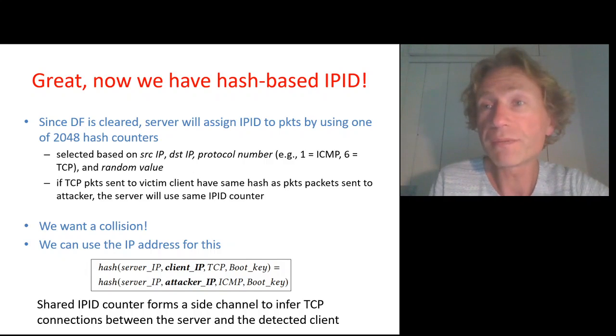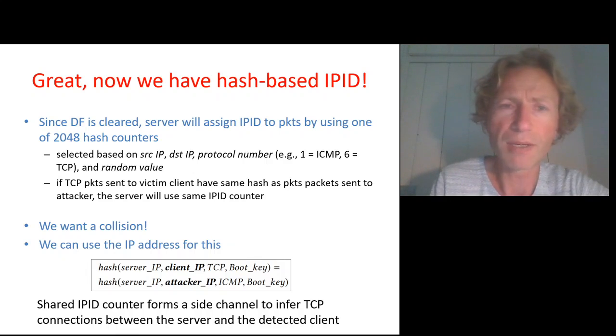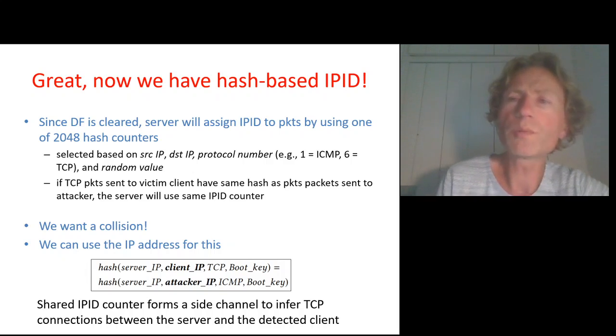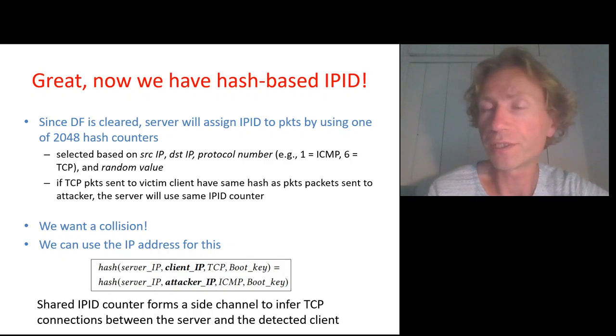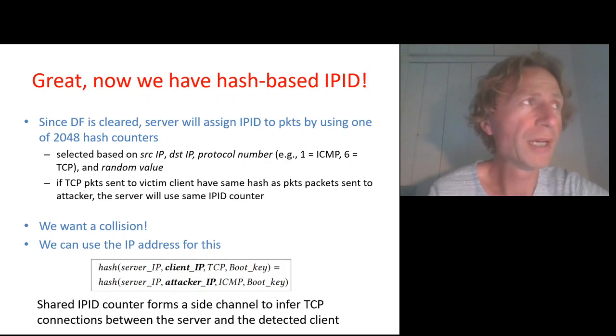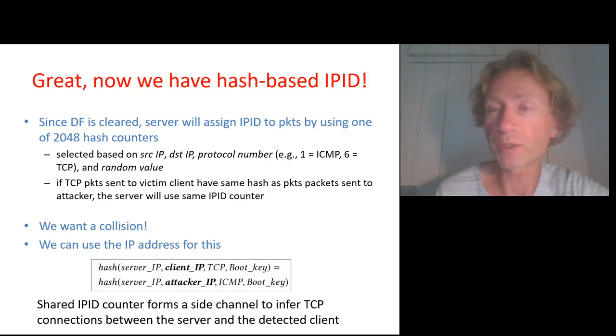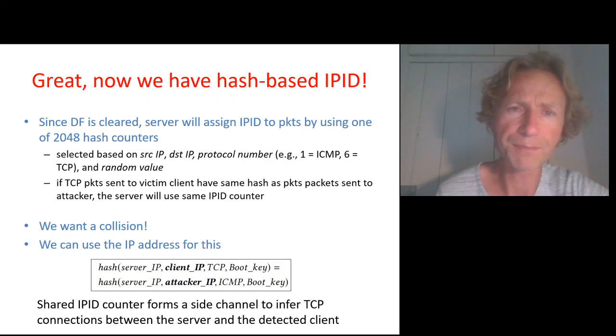And the only thing that is variable is the IP address of the victim client and the IP address of the attacker. So what we want to do is see if we do have a collision, maybe with an interesting IP address. Maybe there's a couple of IP addresses that we want to. And we do that as follows.